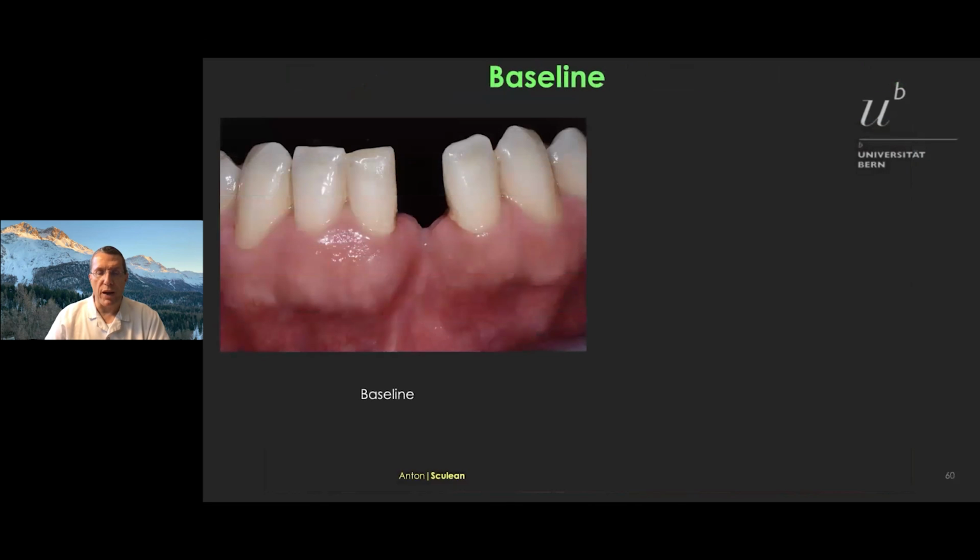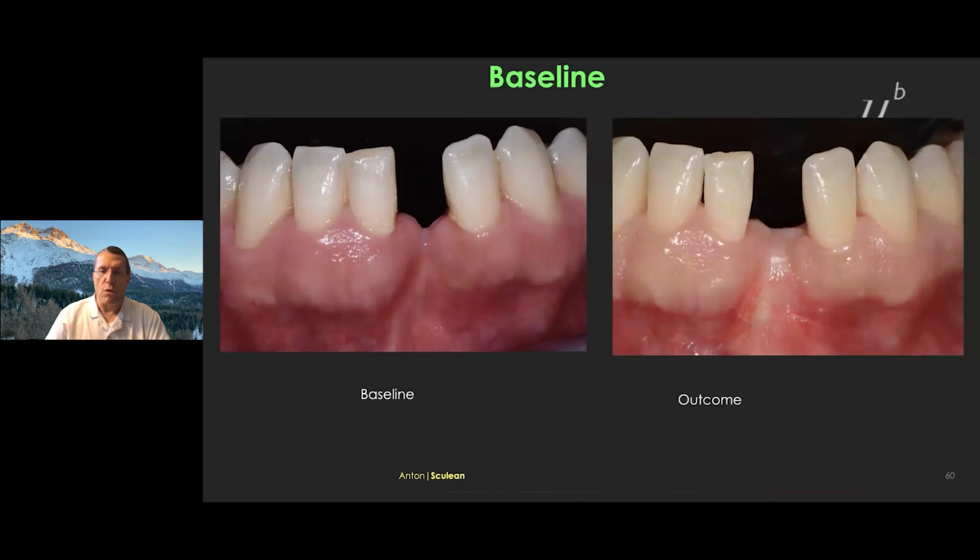And now when I look at the baseline and compare the baseline with the outcome, roughly 6 months later, we have a very nice improvement of the volume, not only vestibularly and orally, but also when I look at the situation from a coronal point of view.